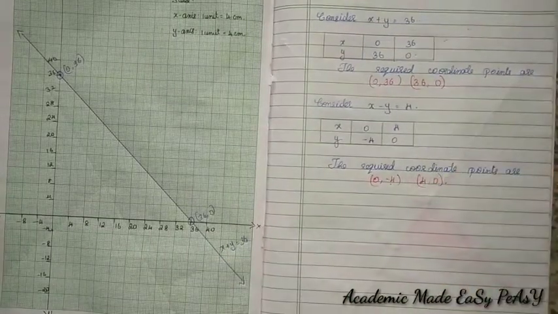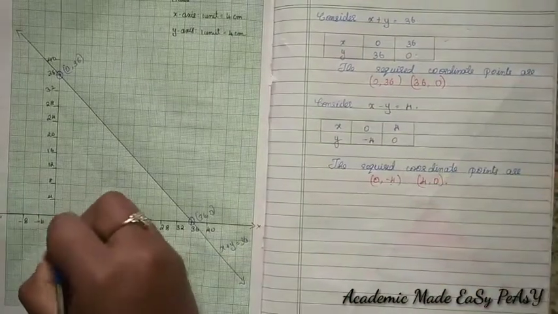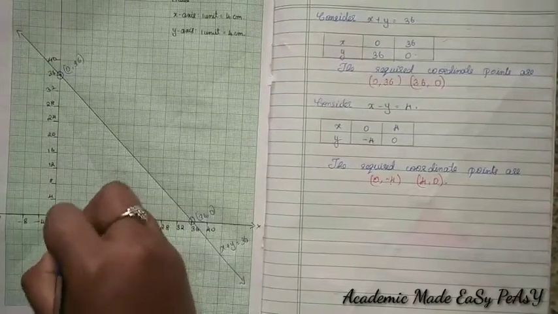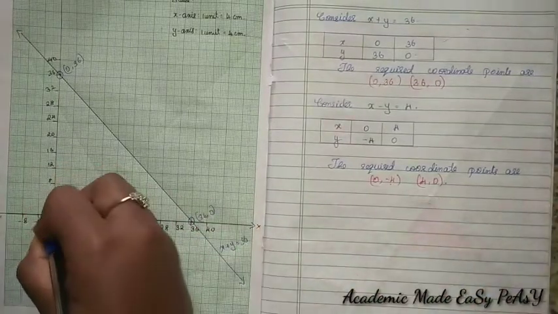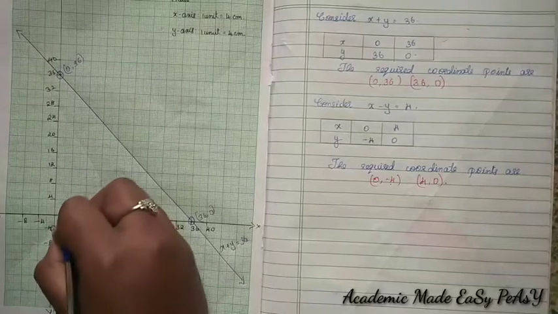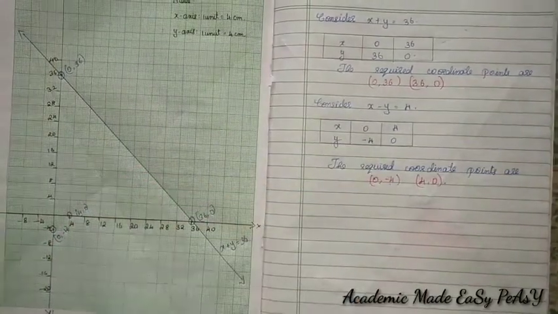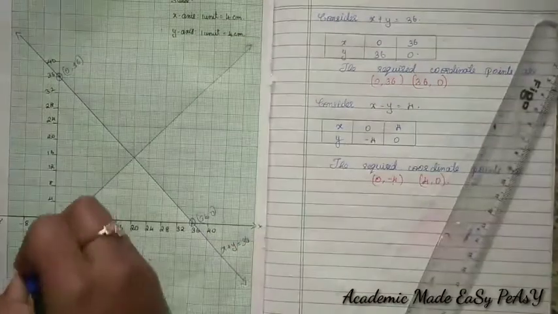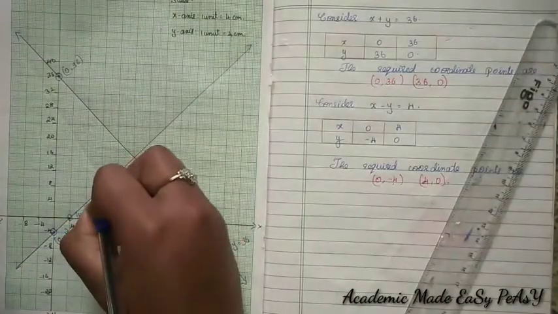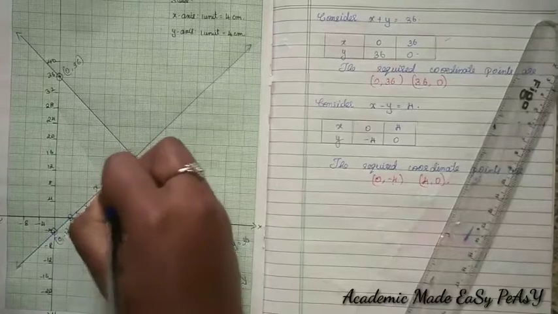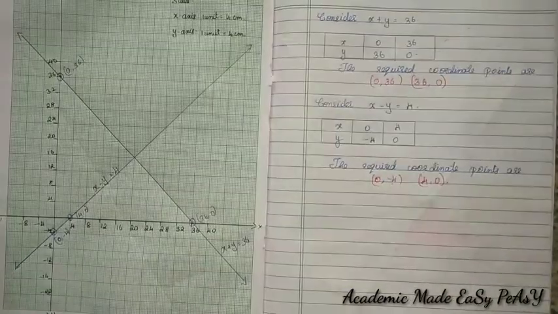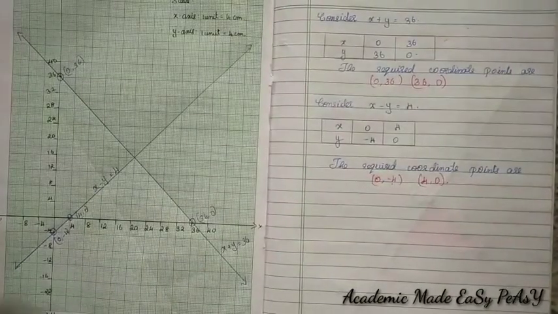And for the next equation, it is 0, minus 4 and 4, 0. So 4, 0 over here. Now I will be joining these two points and writing the equation over here. It is x minus y is equal to 4.